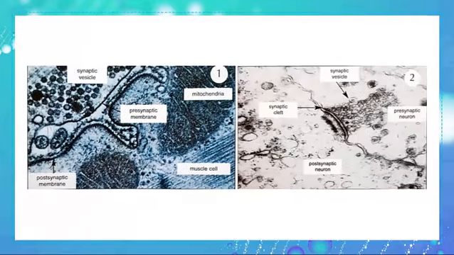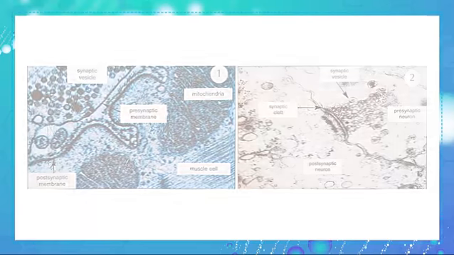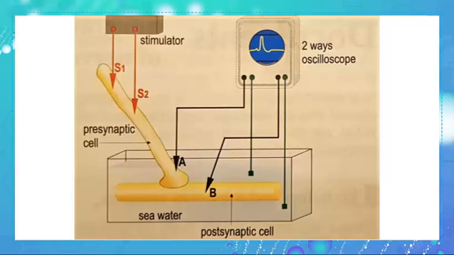In order to find out the role of these synaptic vesicles and the function of the synapse, the following series of experiments described in paragraph 2 of your books are performed.